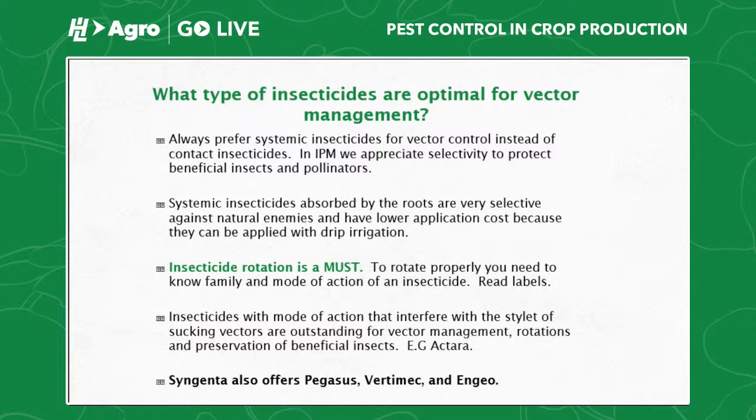But there's a number of things that you can use. You can use systemic insecticides. You can use contact insecticides that are specific for sucking insects. And you can also use entomopathogens like Verticillium and things like that. There's not just one product.